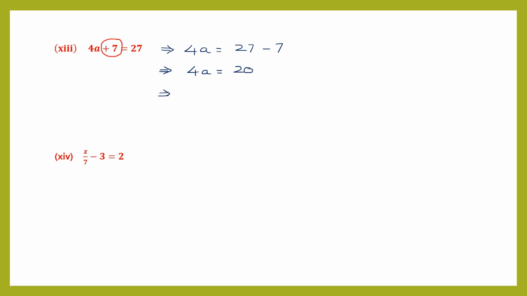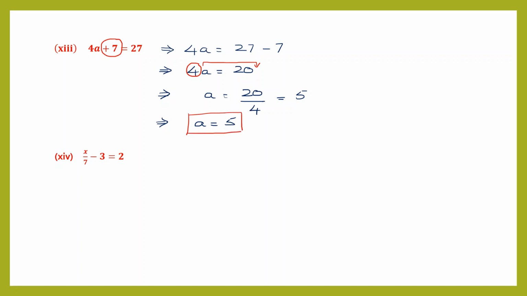Now a is equal to 20 divided by 4. Here we have transposed 4, which is multiplication, to the right hand side, so it becomes division. 20 divided by 4 is 5, because 4 5s are 20. So we have solved for a. a is equal to 5.